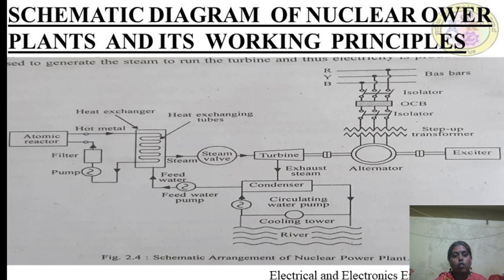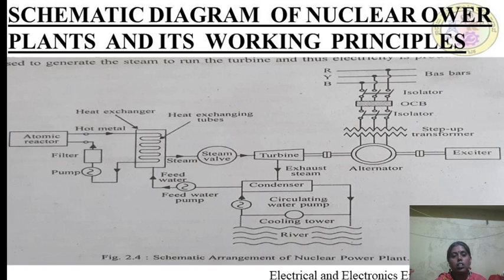It consists of atomic reactor, heat exchanger, steam valve, turbine, condenser, cooling tower, alternator, exciter, step-up transformer and bus bars. These are the main components of the nuclear power plant.